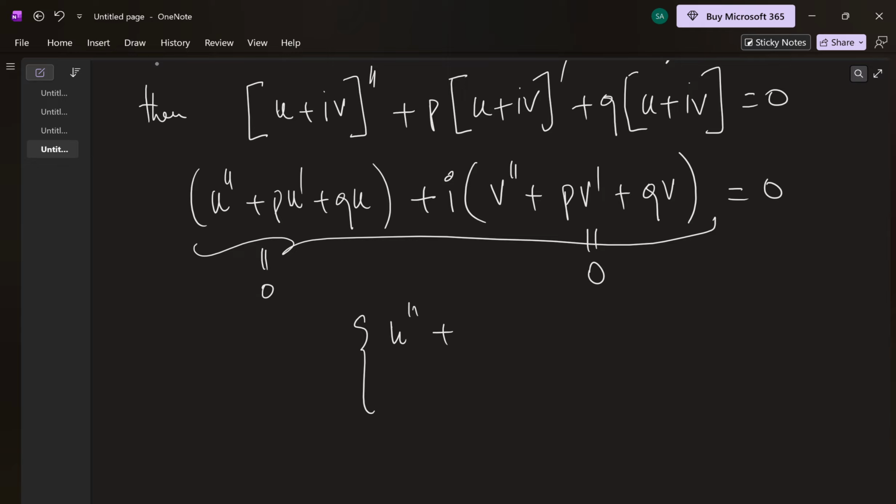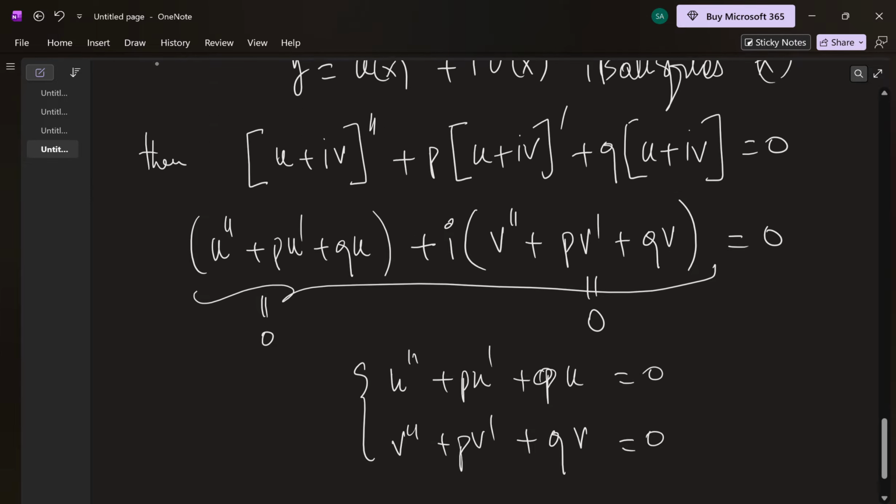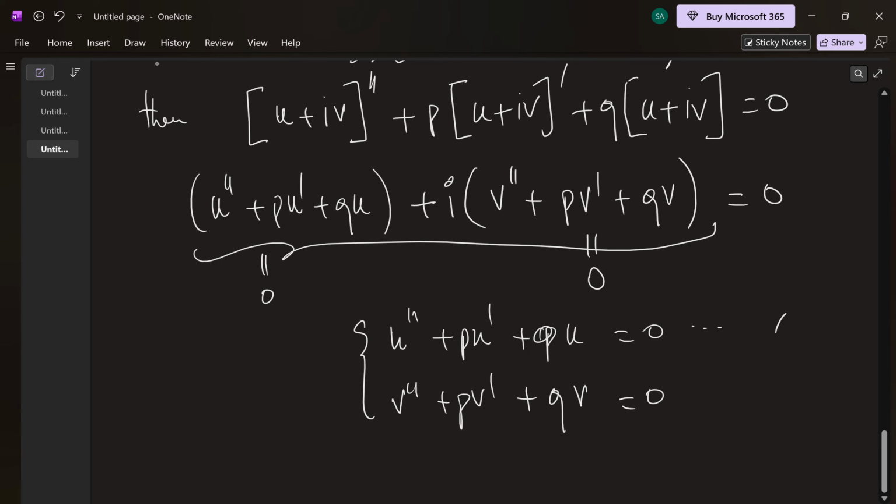So u double prime plus p u prime plus q u is equal to 0, and v double prime plus p v prime plus q v is equal to 0. These two functions should satisfy equation star, that we have seen before.